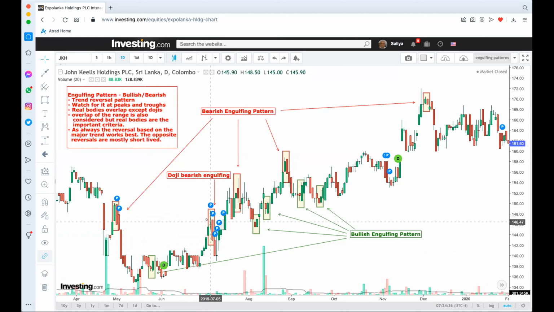Meaning, if you had taken a position where you have sold with a stop at the previous highs, which is over here, right? If this was the stop area, right?